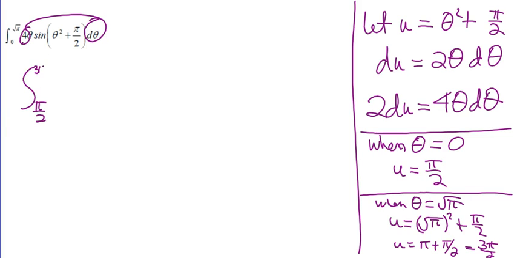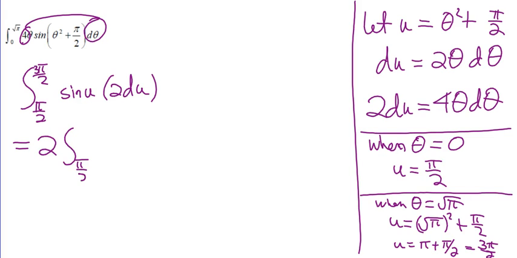Pi over 2 to 3 pi over 2, and you've got sine u times 2 du. So the 4 theta d theta got replaced by 2 du. Now we can pull the 2 out front if you like. You don't need to, but 2 times the integral from pi over 2 to 3 pi over 2 of sine u du.